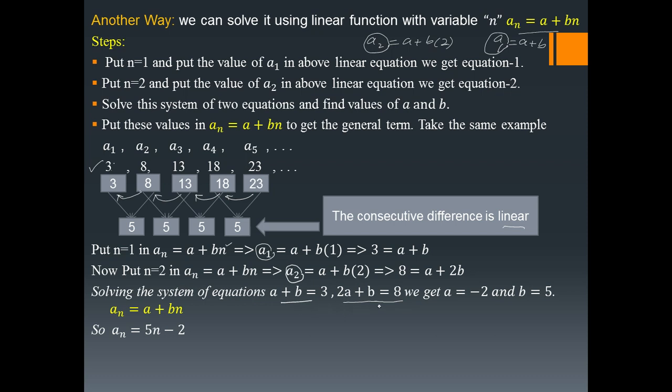After solving these two equations, we are getting a is equal to minus 2 and b is equal to 5. Put these values of a and b in this equation, and we get the general term for this arithmetic sequence. How to solve these two equations?